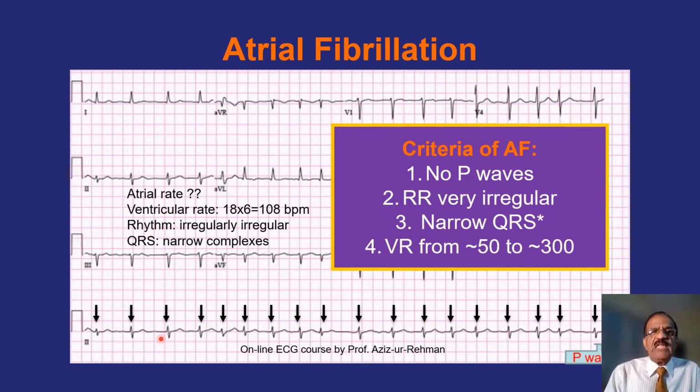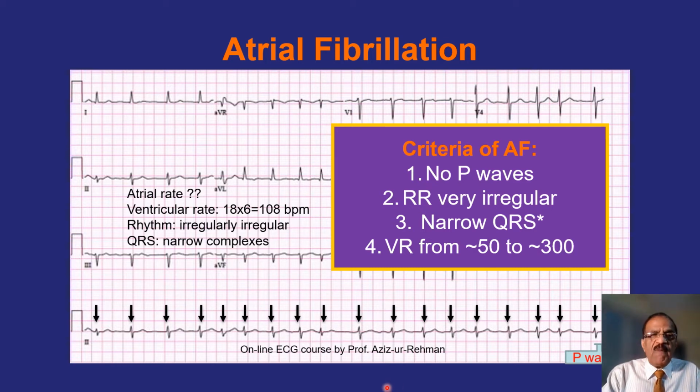Most of the atrial depolarizations will penetrate the AV node and die off there, because most of the AV node will be in the refractory state. They would not be allowed to pass. So most of the atrial depolarizations will die within the AV node. Only an occasional, random atrial depolarization will be allowed to pass into the ventricles. That is why we have an irregularly irregular rhythm.